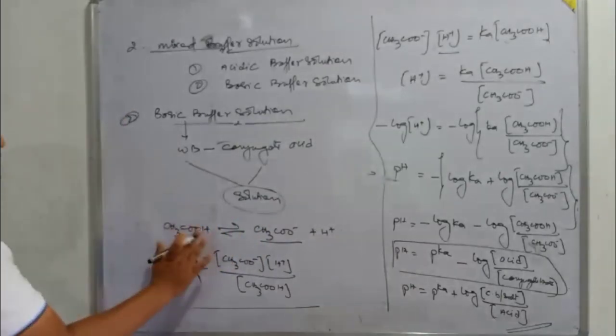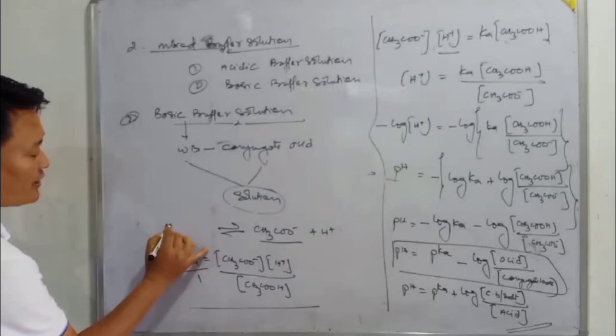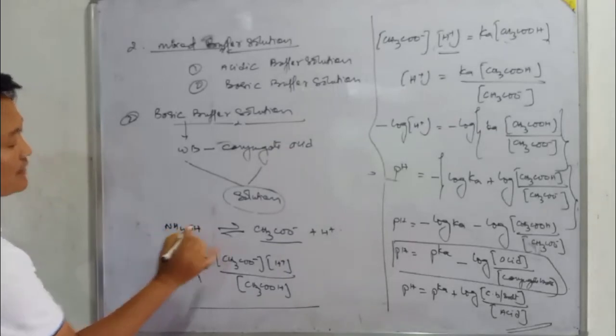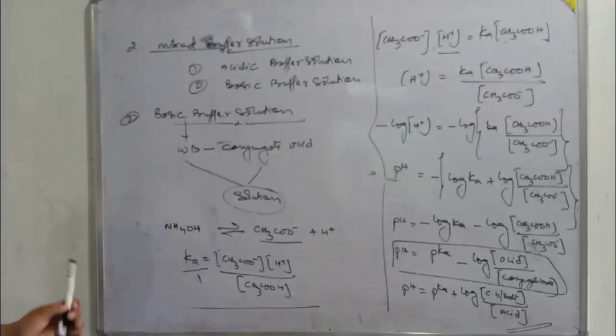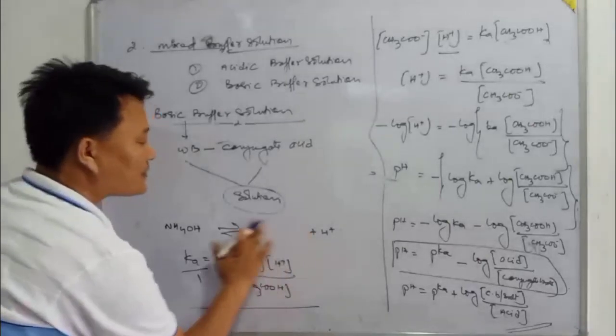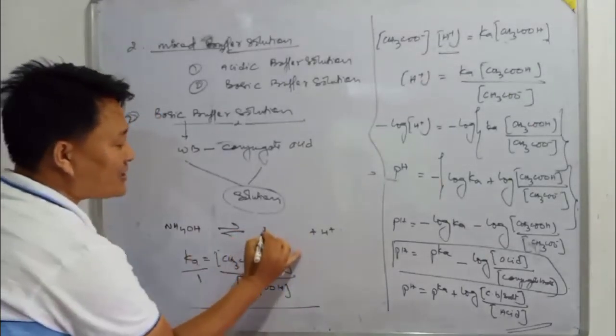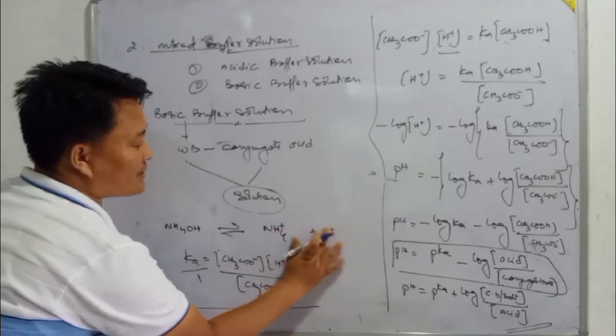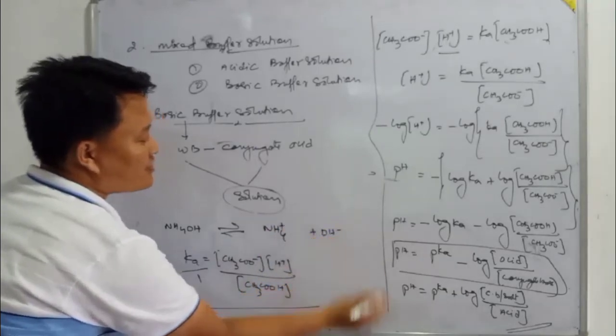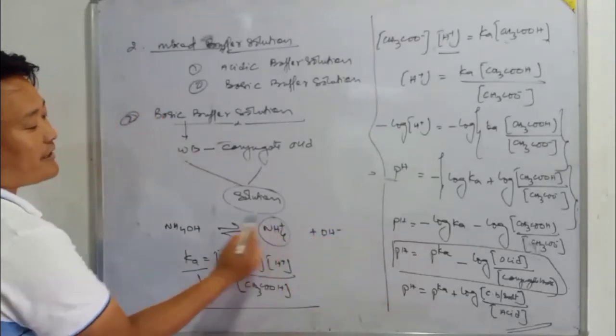Here the weak base is ammonium hydroxide, and the conjugate acid is NH4 plus, with OH minus.